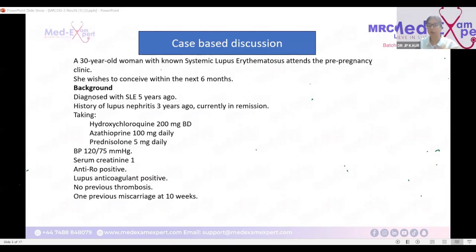Some are routine tests, some are special tests. Special tests will include antibody testing for the patient. Like this, you will tell her about the blood tests.